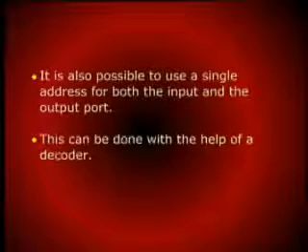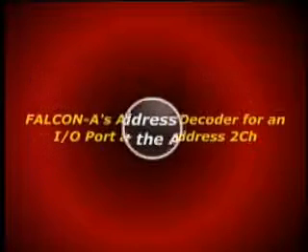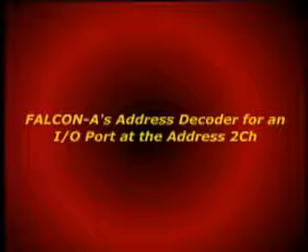It is also possible that we could use a single address for both the input and the output port, which is not done in the previous example. The next diagram shows an address decoder for a 16-bit parallel input-output port, which is utilizing the common address 2C hex for this particular example.